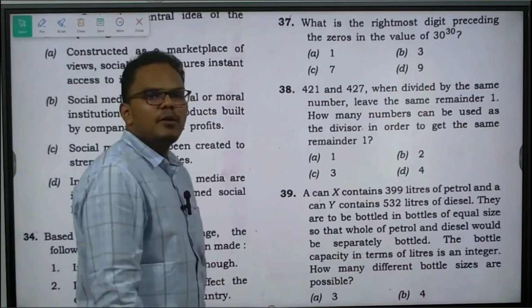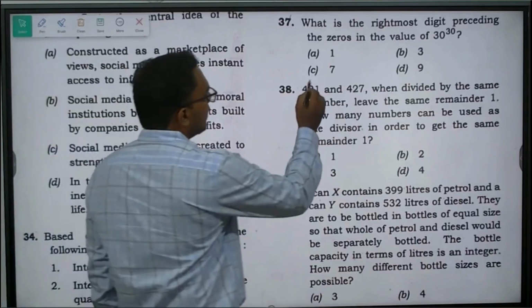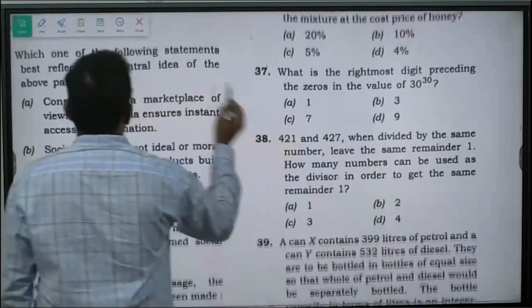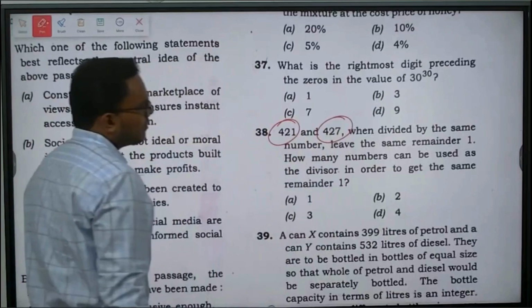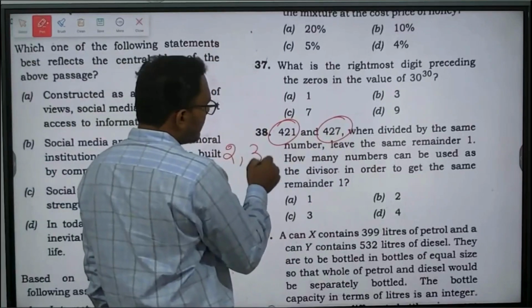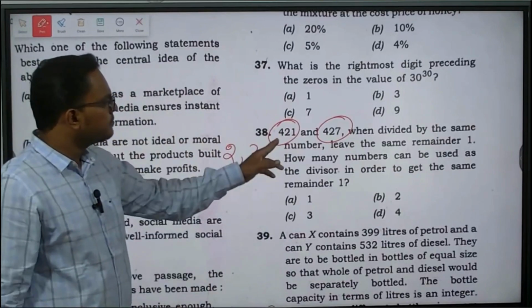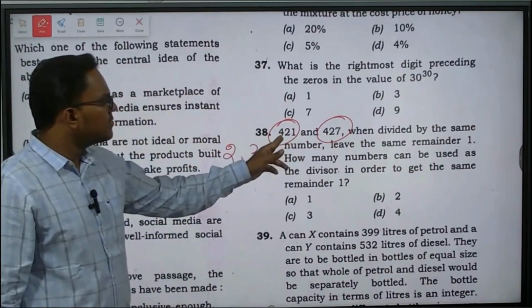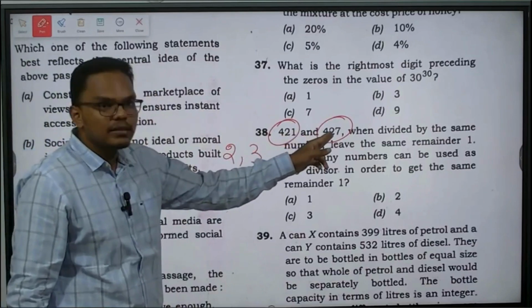If you divide by 1, you're not going to get any remainder, so leave off 1. If you divide by 2, you'll get remainder 1 in both. Divide by 3, you'll get remainder 1 in both. If you divide by 4, here you'll get remainder 1, but here you'll get remainder 3.